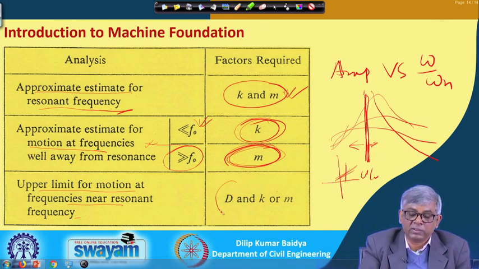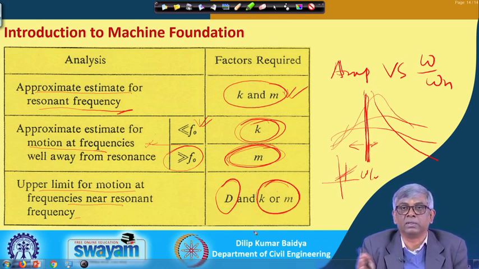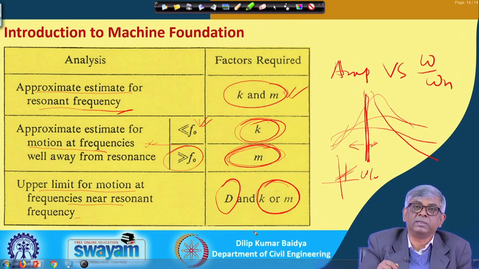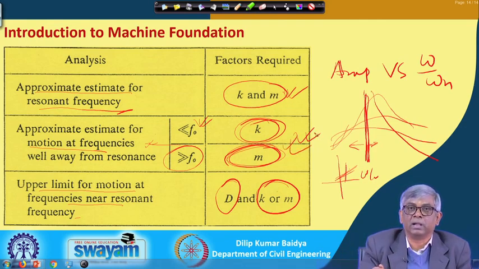So near resonance damping is most important, and otherwise k and m are also important, depending on whether it is a constant force system or a rotating mass system. These are the observations you can make from the frequency versus amplitude plot, and they can be used as a guideline for the design of machine foundations.